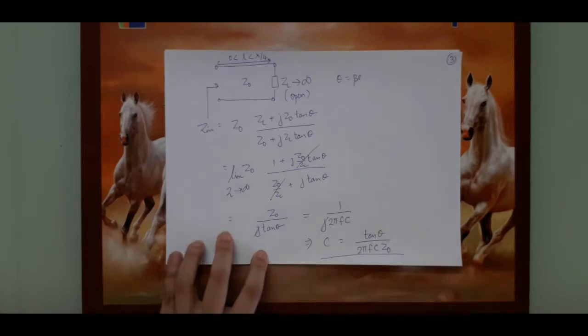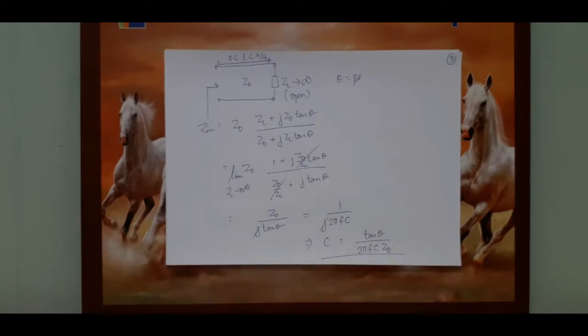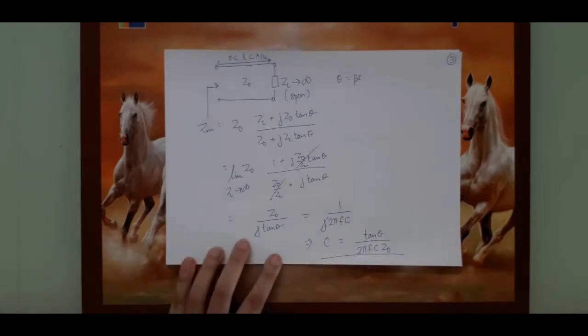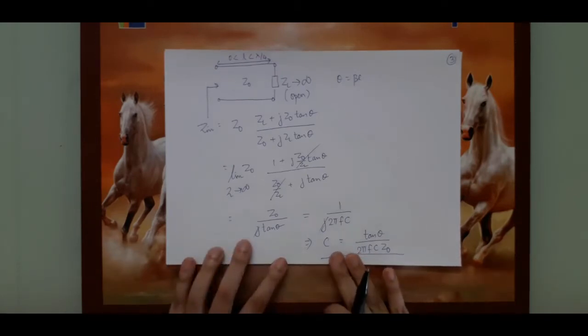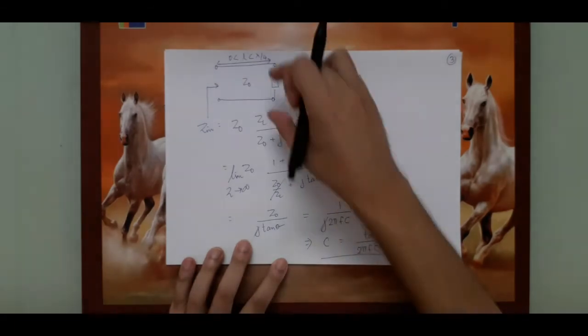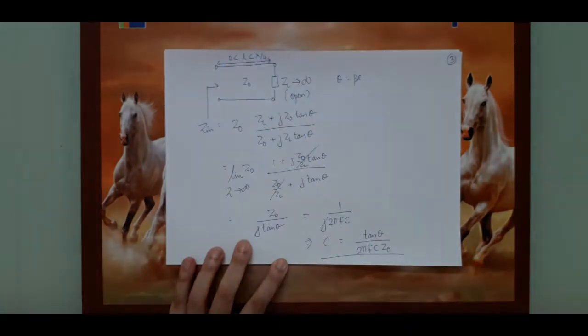So again, you can realize a capacitor just like the way we realized an inductor, but using a transmission line. But this time you have to keep the load as open circuit.